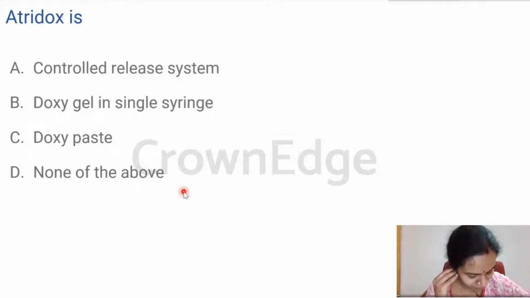I'm getting another query from Bagisha: do any of these LDDs modulate host response? Technically, yes, it has been tried, but its effect is obviously much lesser than how much we give systemically.